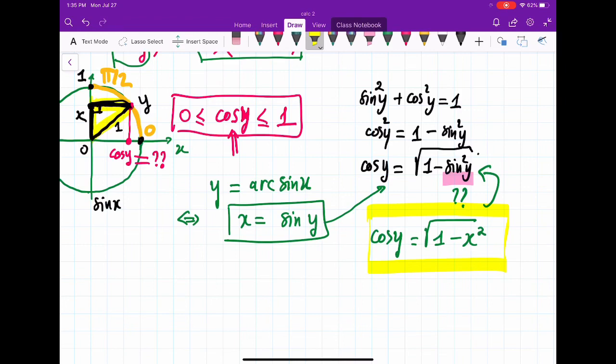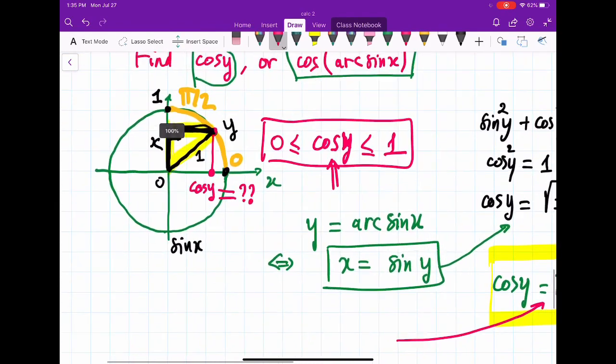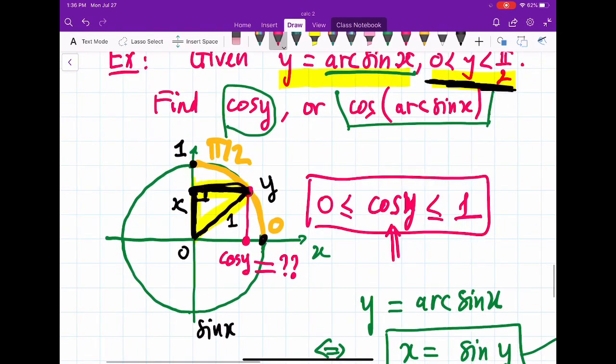Okay, but actually, you may already see this identity on the unit circle. You know why? Because here you have 1. Is it correct? This is x, so this part should be square root of 1 minus x squared. So that is exactly cosine of y right here.